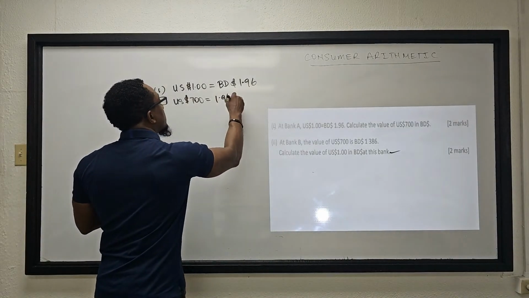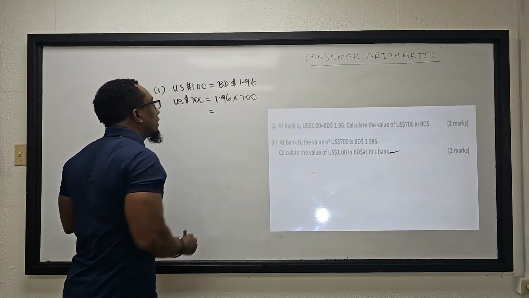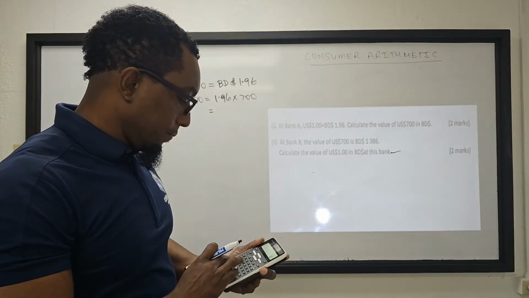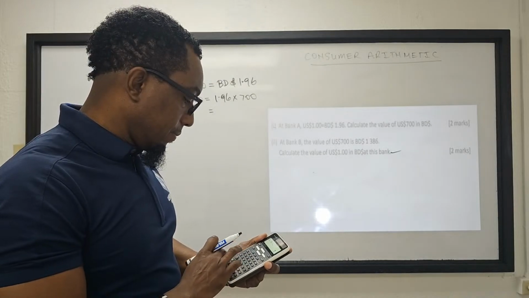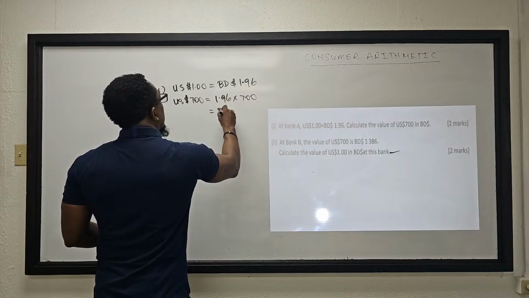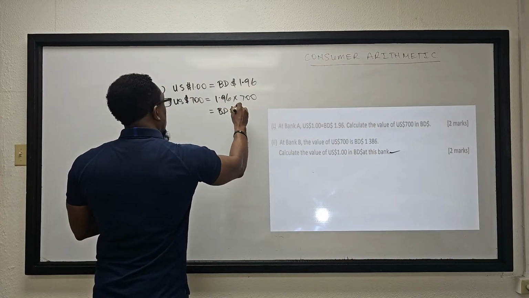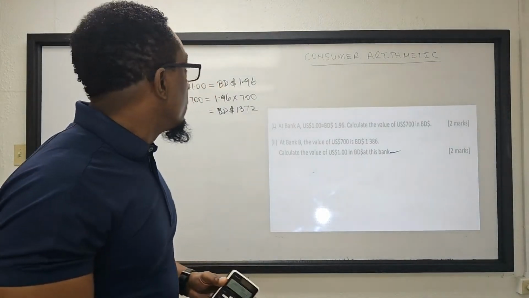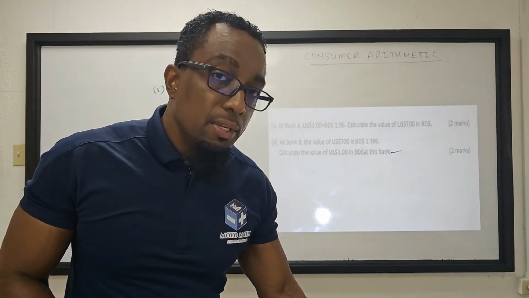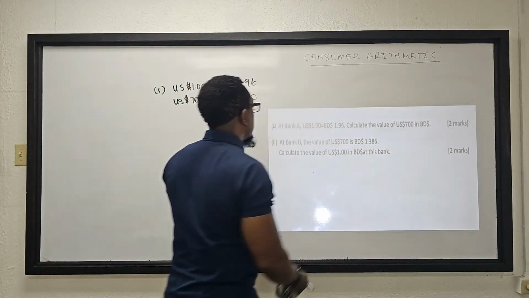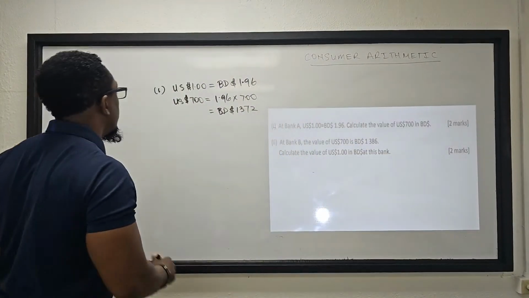That's 1.96 times 700, which will give us Barbados $1,372. This is what US $700 is equal to. Alright? Now, let's look at part 2. So that's part 1, part 2.